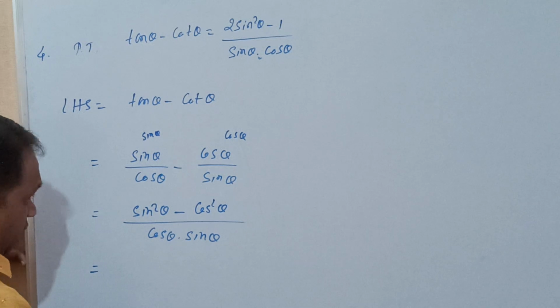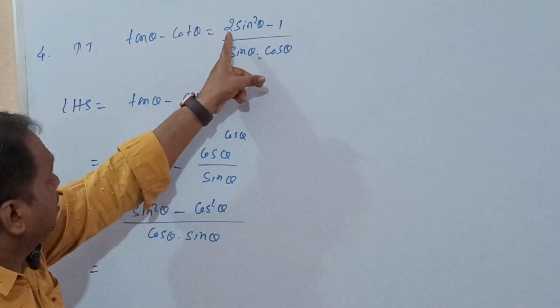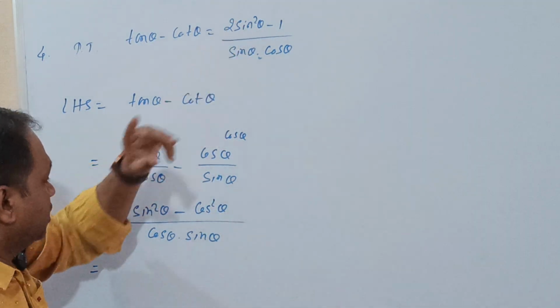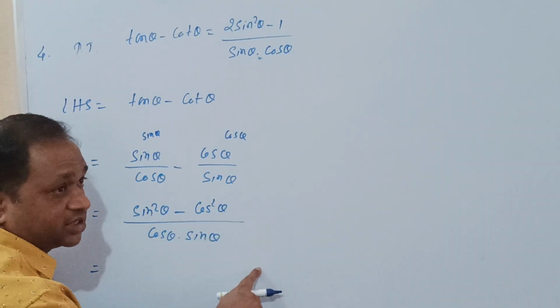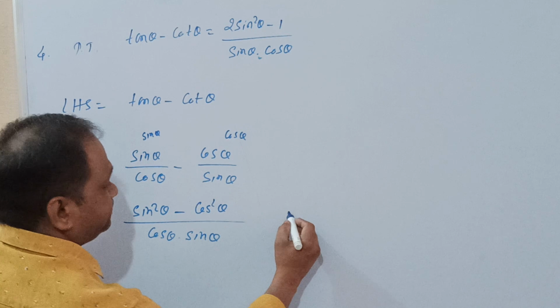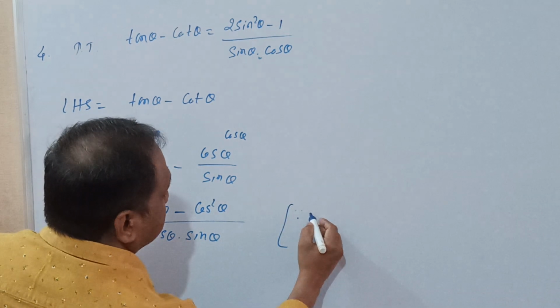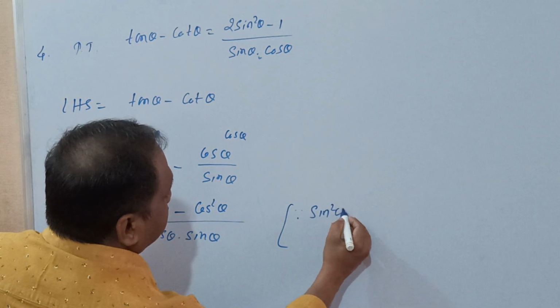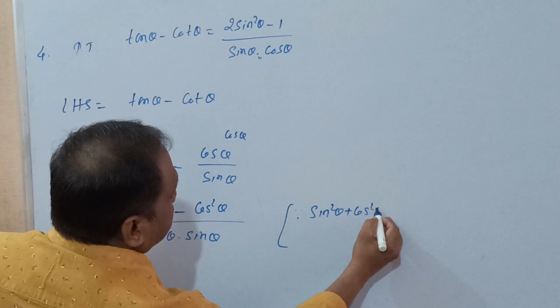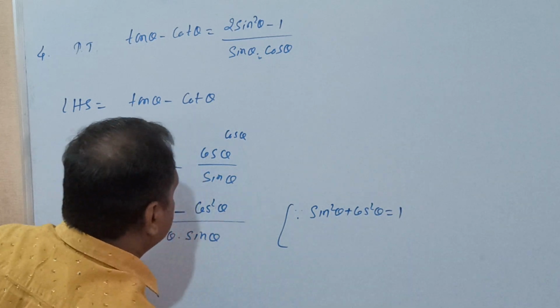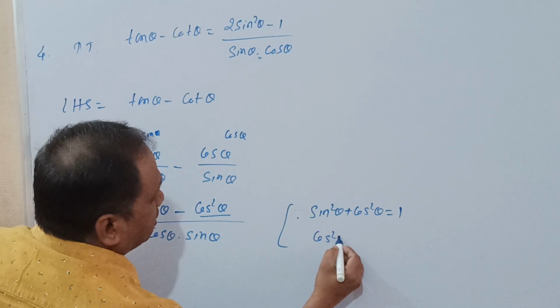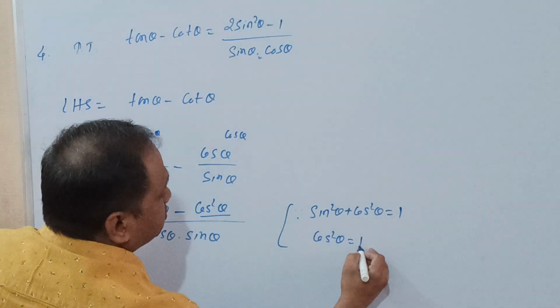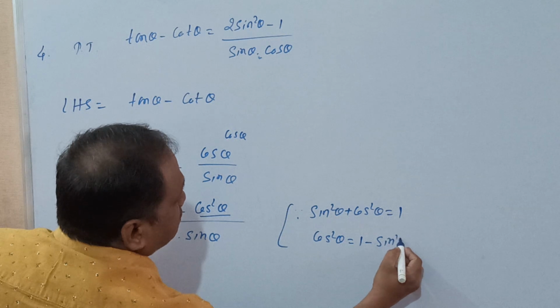Okay, here RHS we are expecting in the form of 2 sin square theta. What I will do for cos square theta, the identity, I will put as 1 minus sin square theta. Identity is sin square theta plus cos square theta is equal to 1. Here we needed cos square theta, I will keep it here and transfer this one to sin square theta.